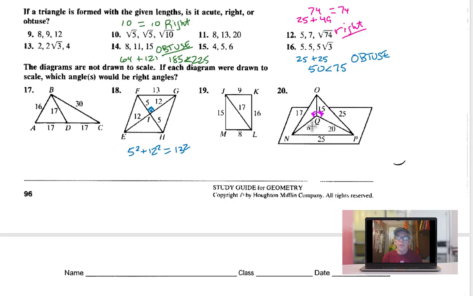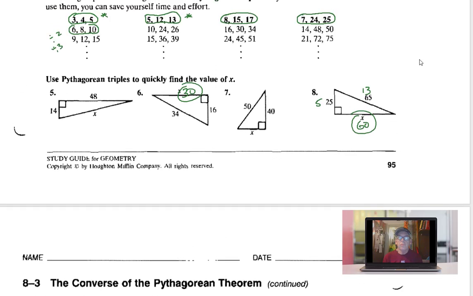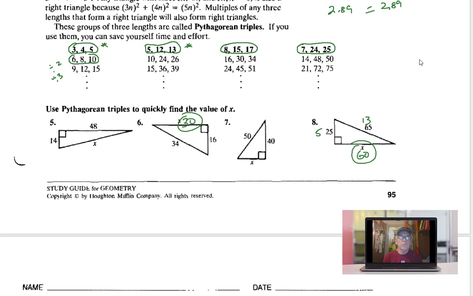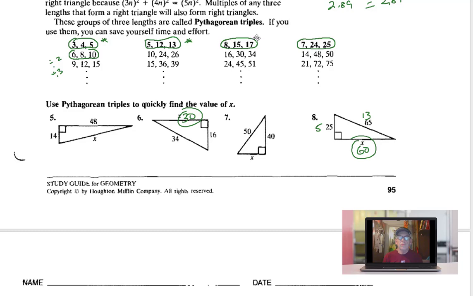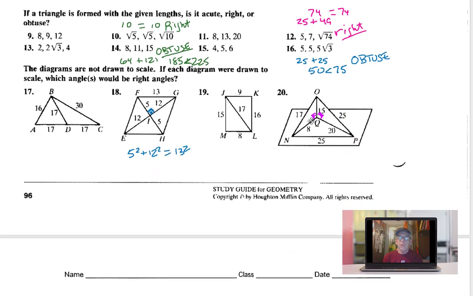Let's see. Down here we have an 8, 20, 25. Let's see if that's a Pythagorean triple. No, we don't have an 8, 20, 25. So this is not going to be a right angle here. But those are going to be right angles. And all we have to do is identify the angles that are going to be right angles.